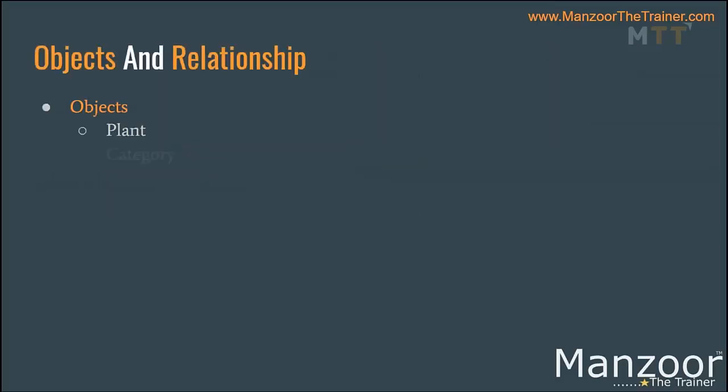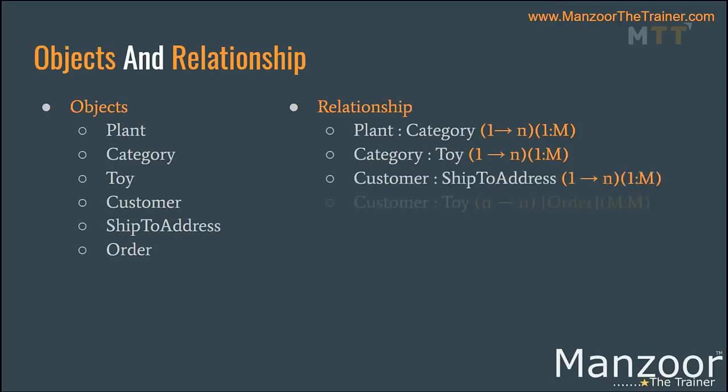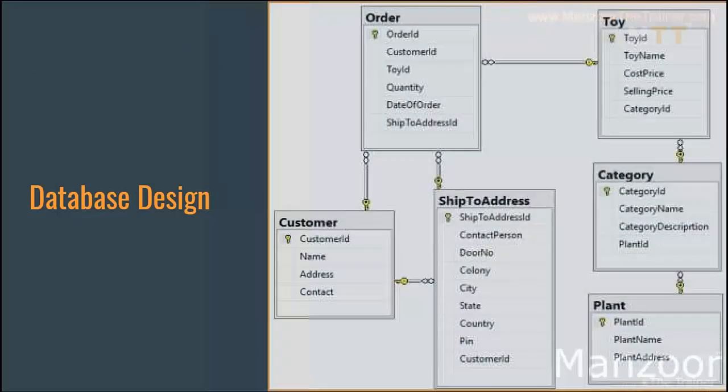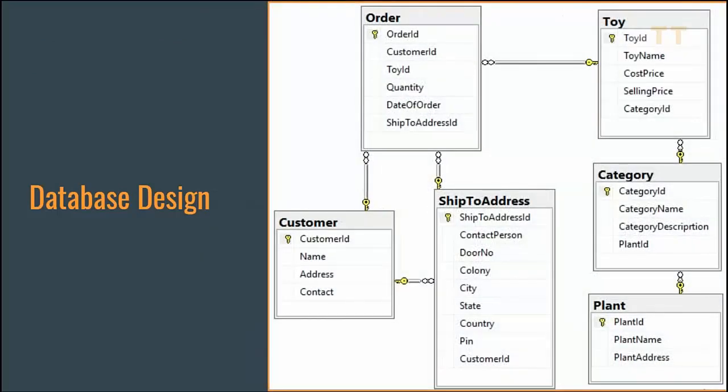See, another thing that you need to understand, this database designing, you will learn from experience. If you keep on doing many assignments, many database designs, you'll understand it more.